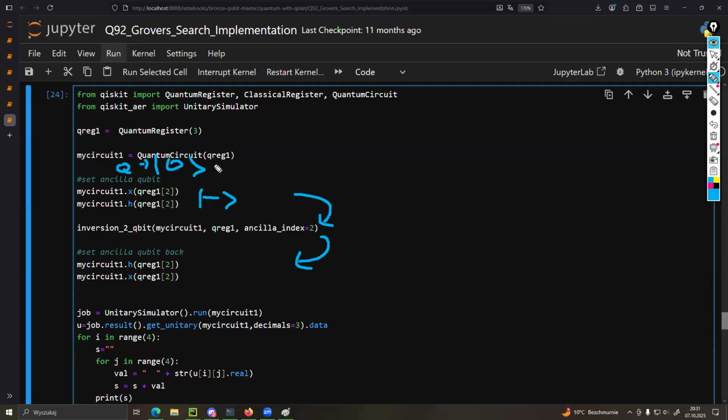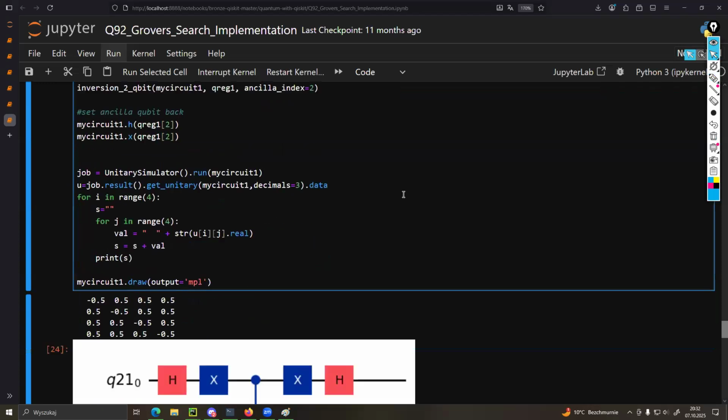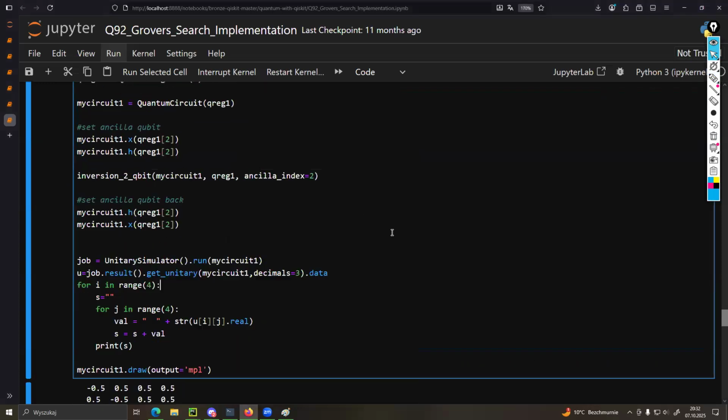Ancilla is 0, so we make it negative. And since now the ancilla is negative, we want to make it 0. So these are the last two steps, right? And the entire circuit looks like this.